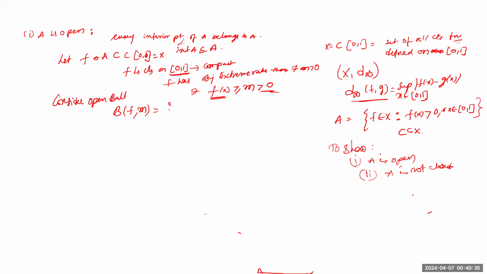That is, by definition, the set of g belonging to C[0, 1] such that d infinity of f comma g is less than m.